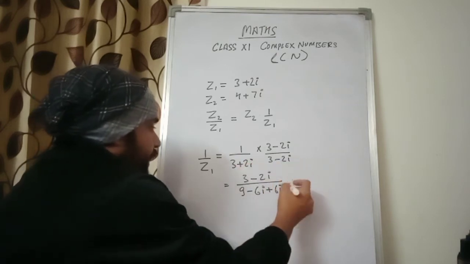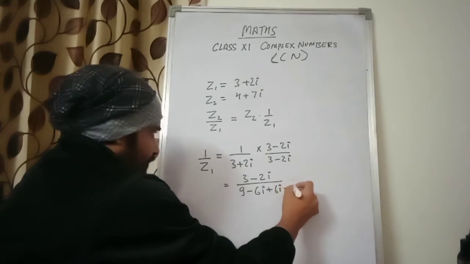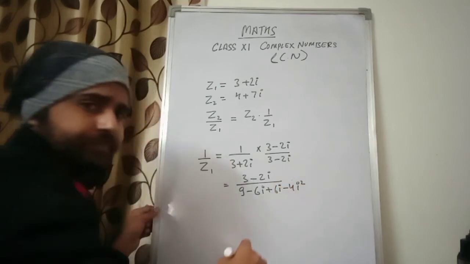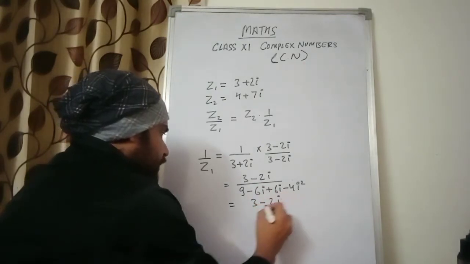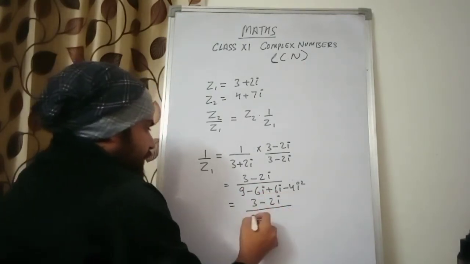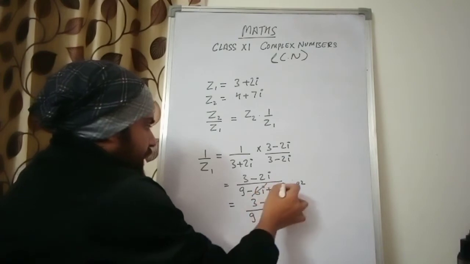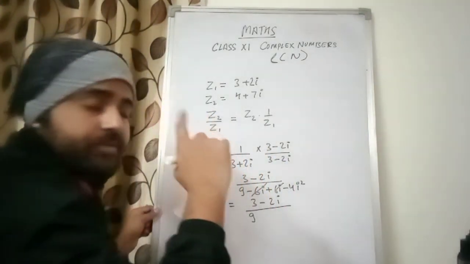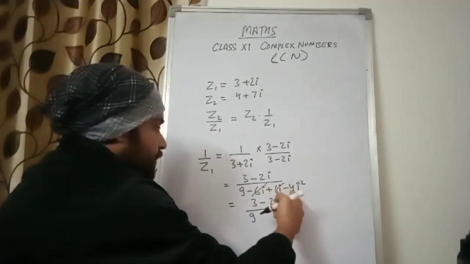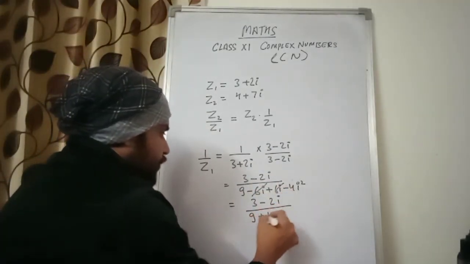Plus 2i into minus 2i will be minus 4i square. So 3 minus 2i upon 9, this will cancel. Now i square is minus 1, we have done it. So minus 1 into minus 4 will be plus 4.